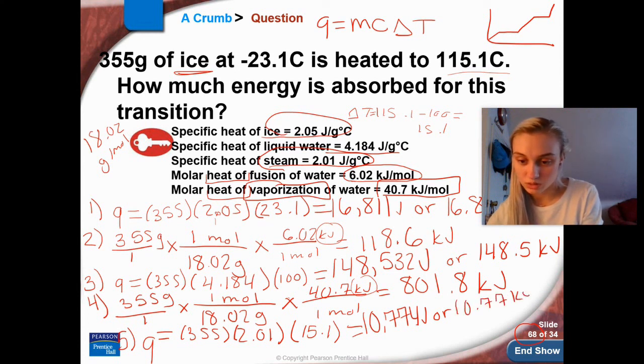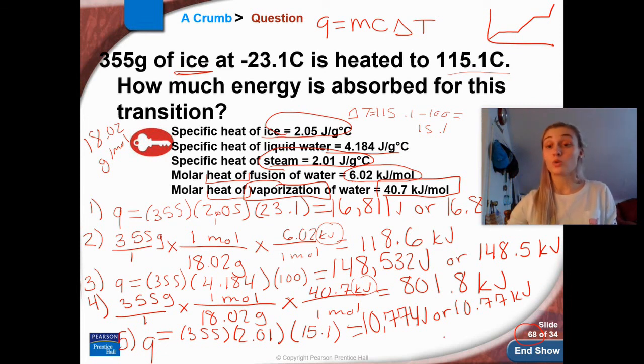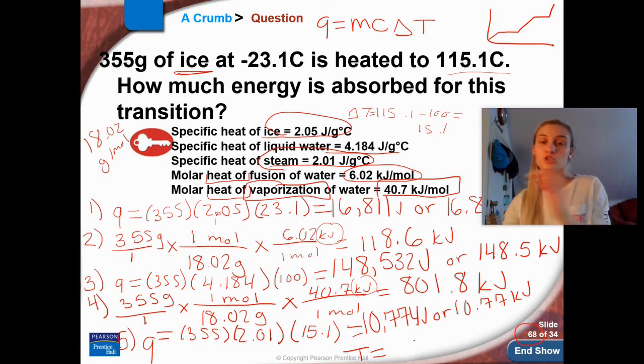10.77 kilojoules. Now we can calculate the total energy used throughout this to go from solid ice to steam of 115.1 degrees Celsius. So we just are going to add all of these up.